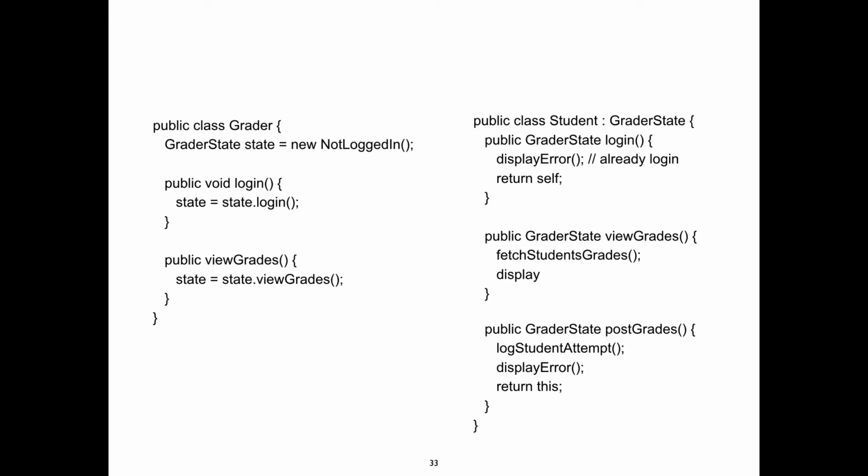Sorry, but maybe log this as the student is trying to do things they're not supposed to, and then display an error. In the grader program, we start off with a state object, and then when we try to log in, we call the login method on the state.